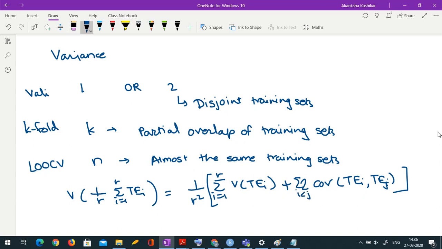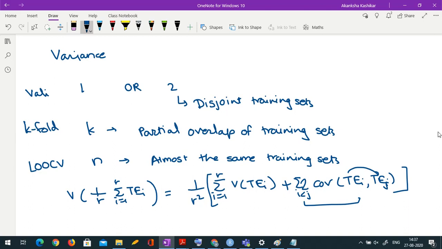Now, when I have disjoint training sets, my test errors are more or less uncorrelated. As a result, this second factor may not contribute much to the variance of the test error. In the k-fold approach, because I have partial overlap of training sets, these might be slightly positively correlated, so they would contribute to some extent.